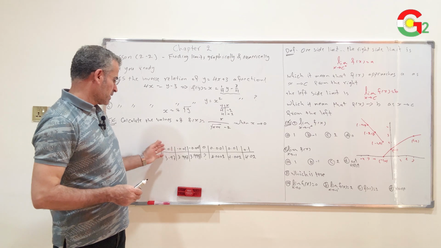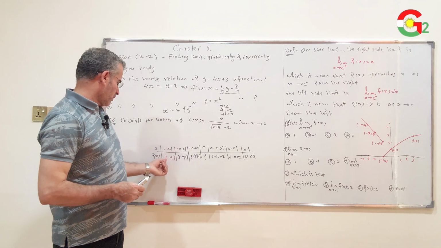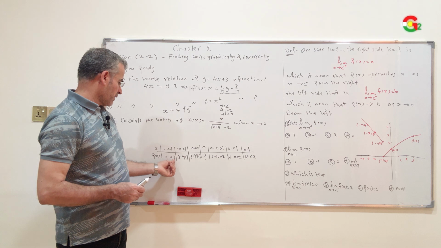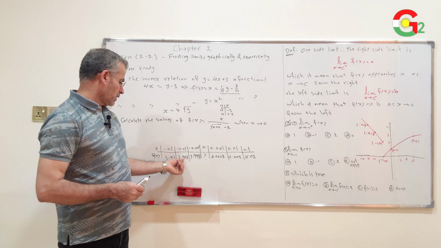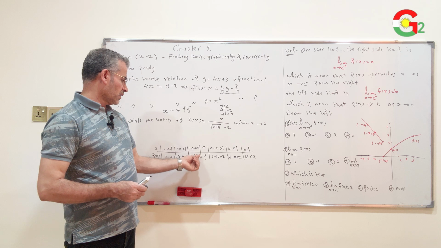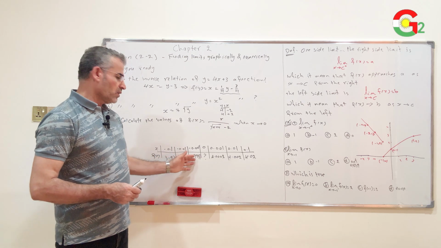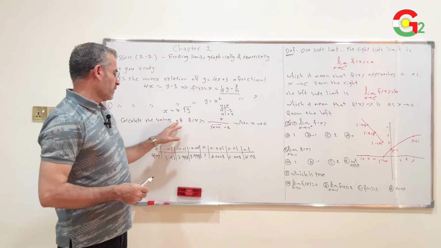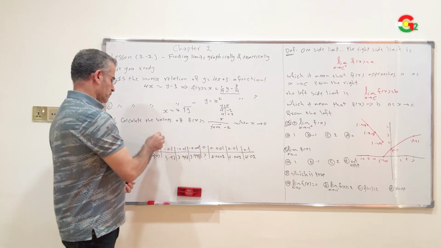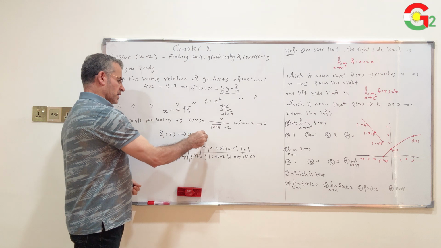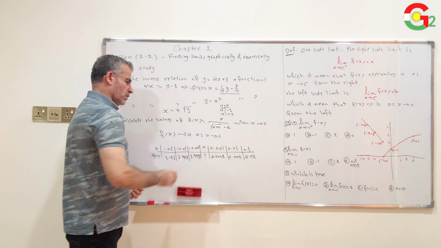From the left, when x approaches 0, f of x is 3.97, 3.997, 3.9997. Also, f of x approaches 4. Then f of x approaches 4 as x approaches 0.